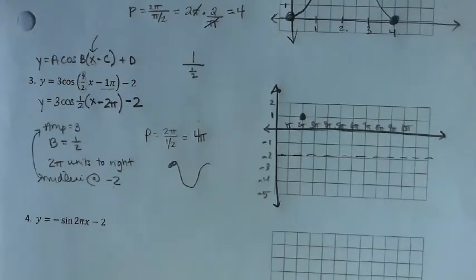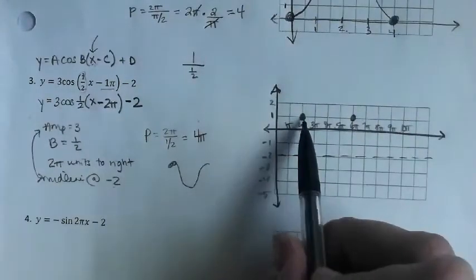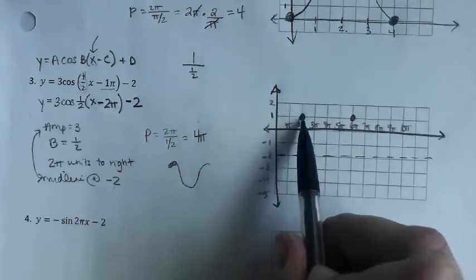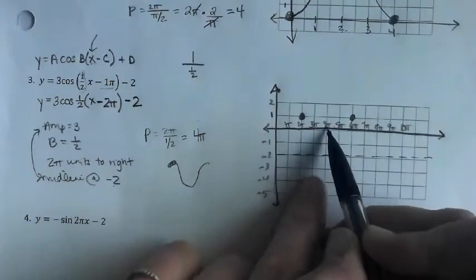Grace says 6 pi. Do we buy that? That's correct, because there has to be 4 pi units between your starting point and your ending point. So there are my 2 maximums. Where then is my minimum going to occur? At a y value of -5, but where in terms of my x coordinate? 4 pi, halfway between those.